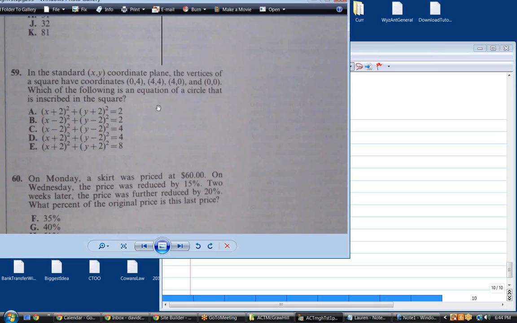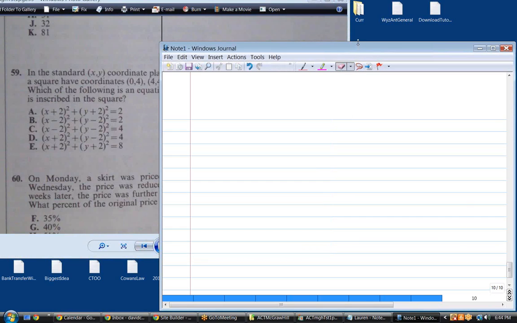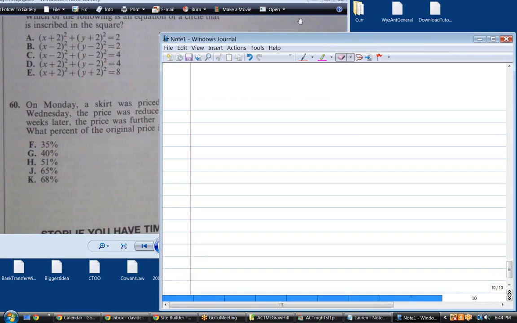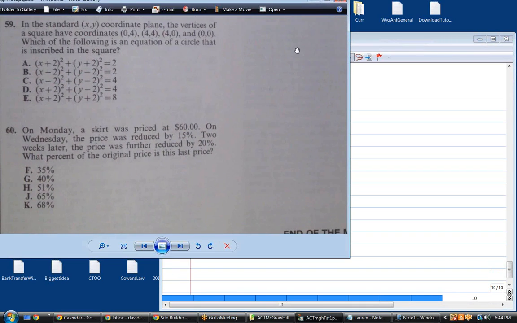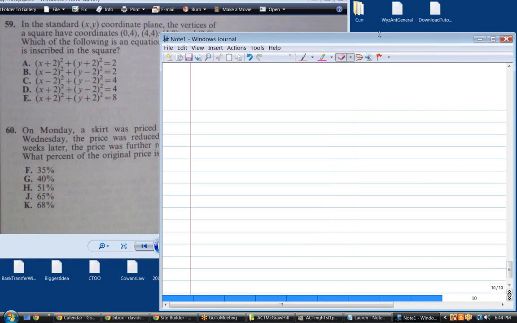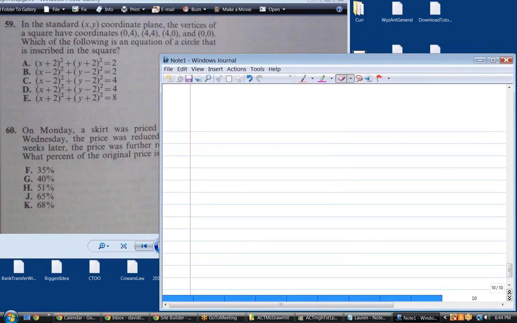All right. Remember, there are 2 questions on conic sections. This is one of them. And they're actually pretty easy. Okay, they give us 4 points.